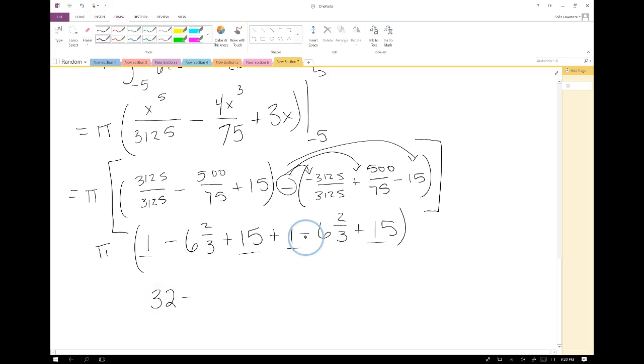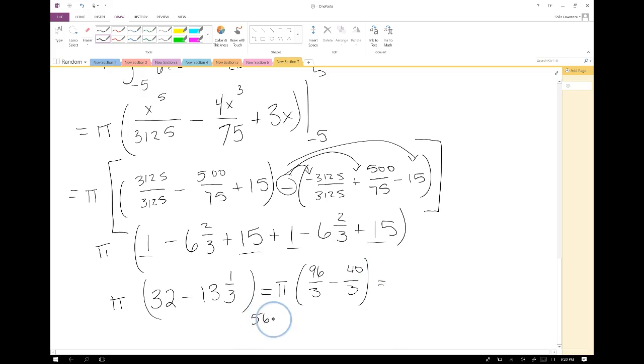And if I put those fractions together, we get 13 1/3. For an exact answer, you're not going to want to use decimals. You want to be able to combine these. So if you want, you can put everything in terms of thirds. This is 96 thirds minus 40 thirds, which is 56 pi over 3.